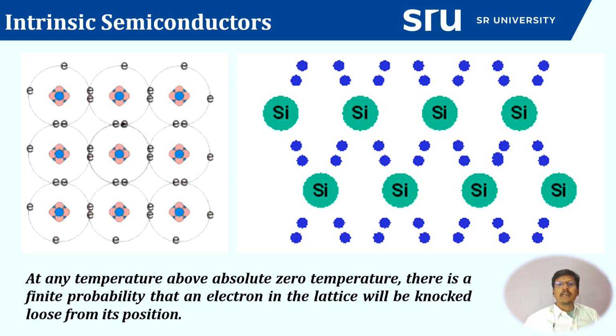The concept of electron-hole pair generation is also crucial for understanding solar cells. When sunlight strikes a solar cell, photons generate electron-hole pairs.